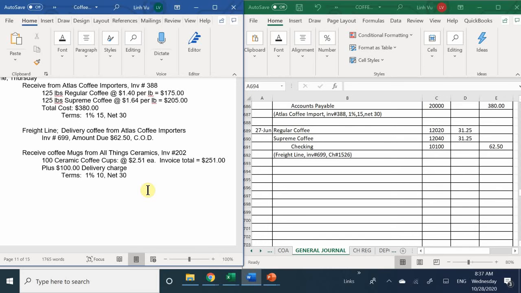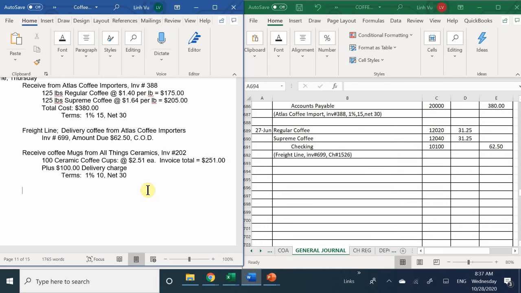The company receives coffee mugs from All Things Ceramics. 100 ceramic coffee cups at $2.51 each, plus $100 delivery charge with a term of 1/10, net 30.